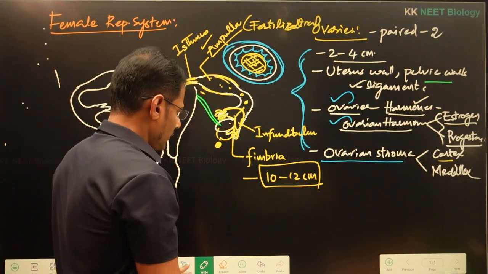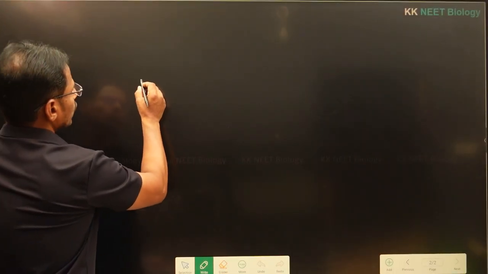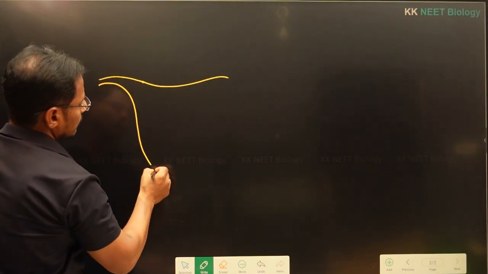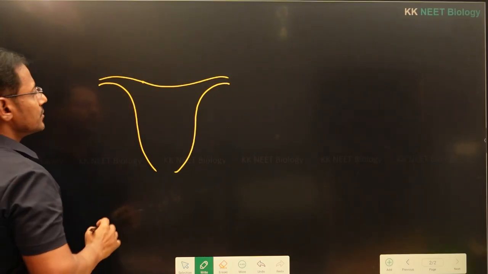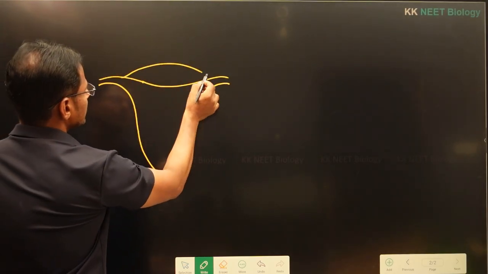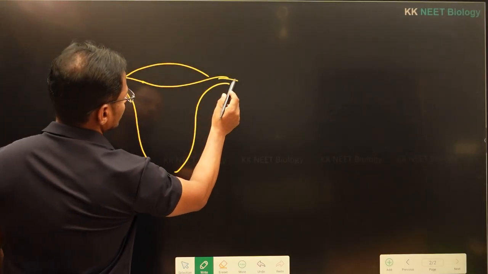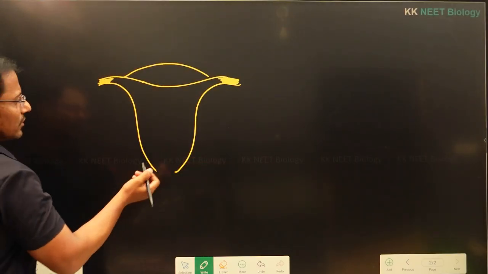So further we move aside. Right, I am going to draw here. This is the uterus. This is the fundus of the uterus, and this is the isthmus, where the fallopian tube arises, right?